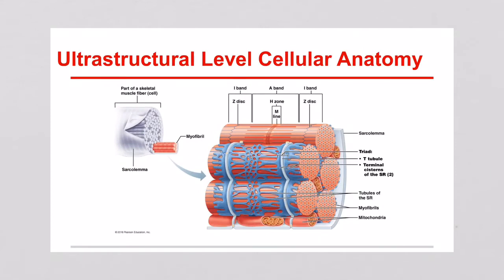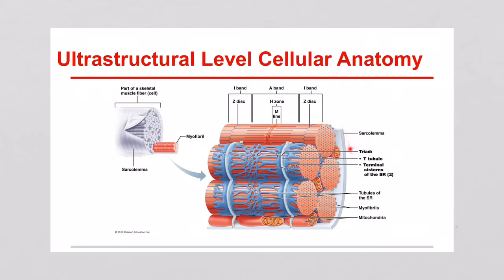Here we're going to look deeper into a muscle fiber. I mentioned in the previous slide the sarcomere, and this is kind of a detailed illustration of a set of sarcomeres. Here we can see that the sarcolemma actually folds in to the muscle fiber.